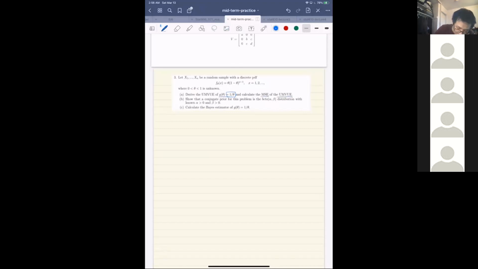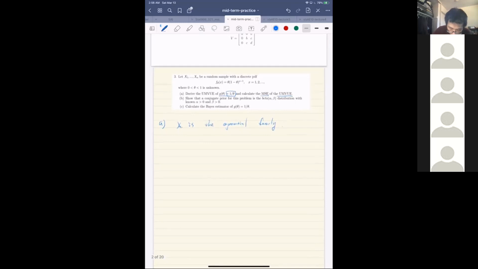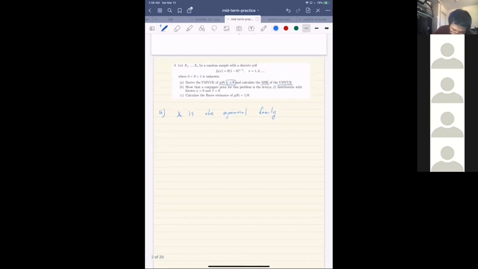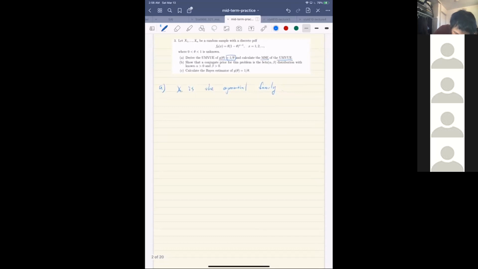Okay. So first, in this question, we are so lucky. This is an exponential family. Okay, so let's find the density.